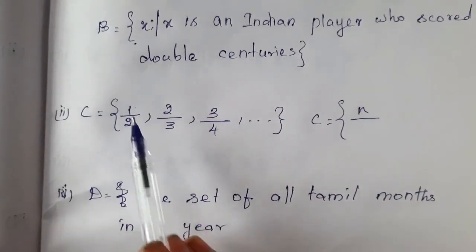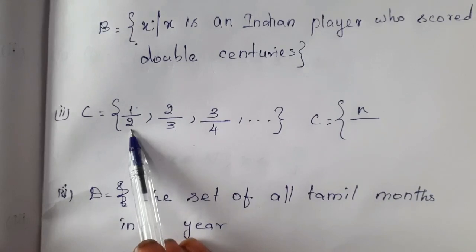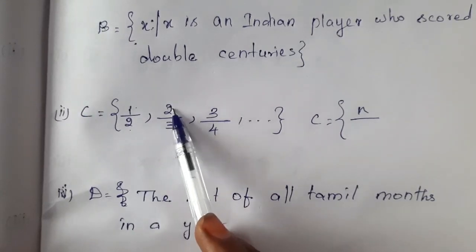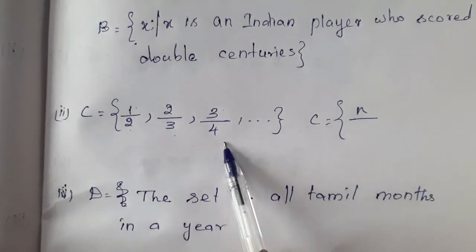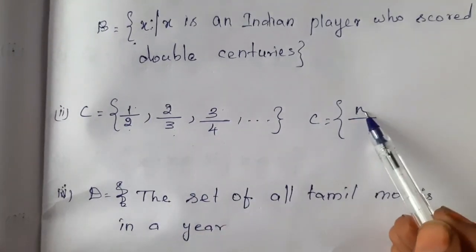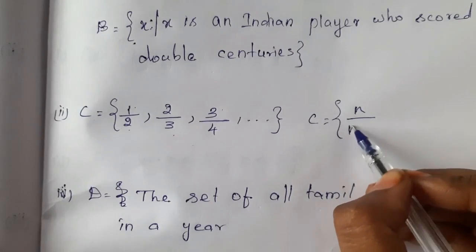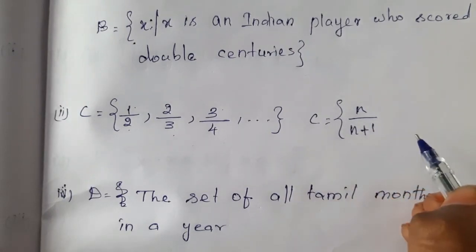If there is 1, here they gave us 2, that means one more than 1. If there is 2, it is one more than 2, which is 3. If there is 3, one more than 3, which is 4. So if there is n, one more than n, that is n plus 1.